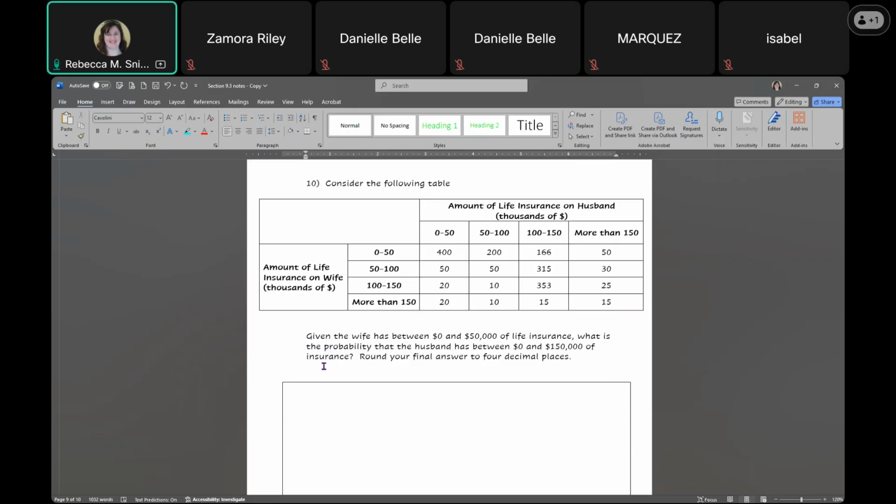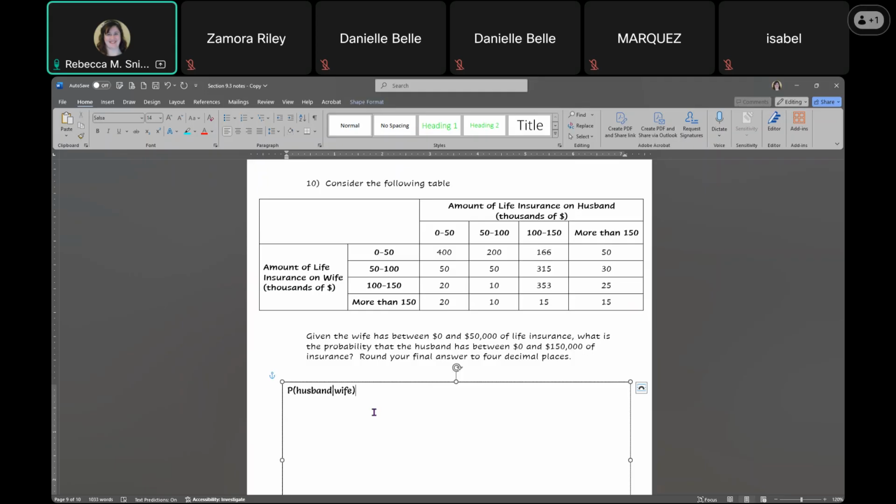So what we are actually doing here is finding the probability of the husband's insurance given the wife's insurance. This is the condition that we are trying to find.